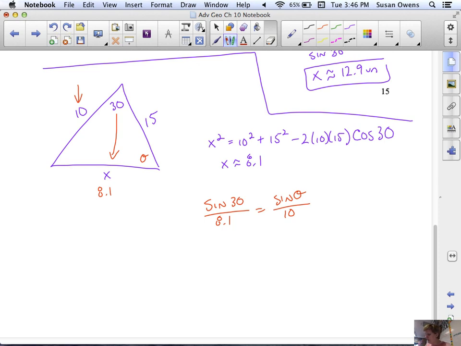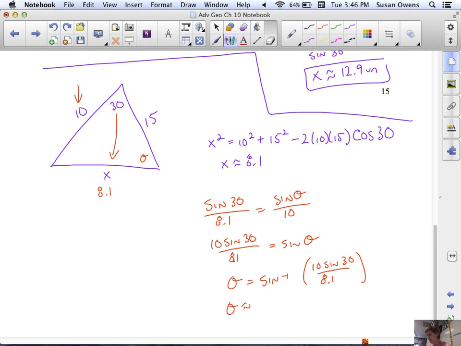So multiply the 10 to the other side. 10 sine of 30 divided by 8.1 equals the sine of theta. And then we can do the inverse sine. So theta is going to be the inverse sine of 10 sine of 30 divided by 8.1. Okay, so another calculator problem.